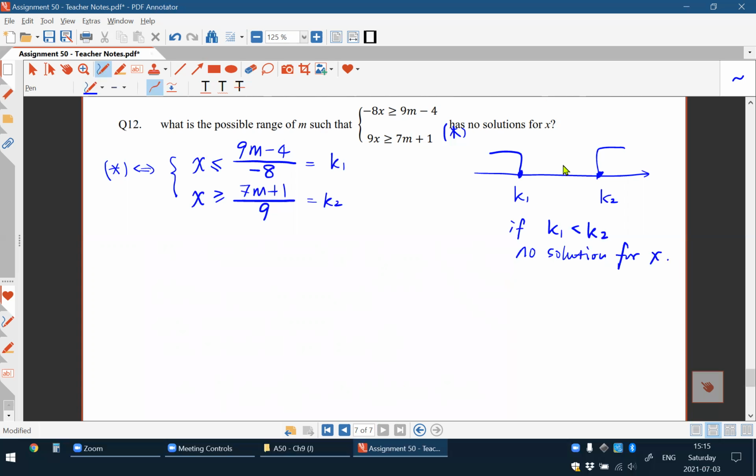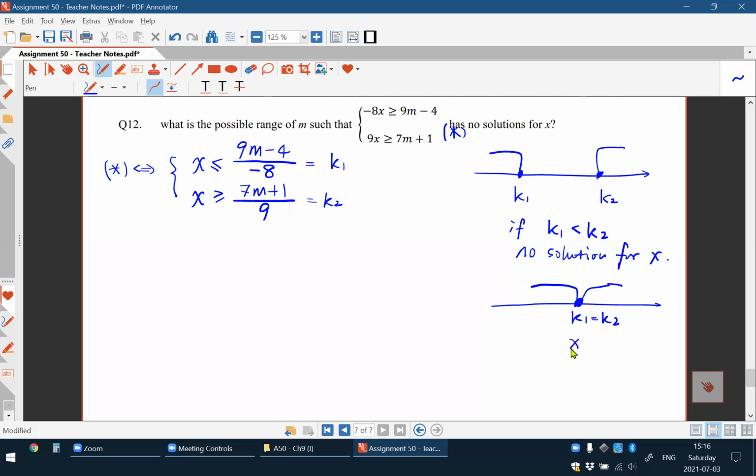Okay, one of the questions is, can K1 be equal to K2? So what could happen if K1 equals K2? If K1 equals K2, so K1 and K2 is here, right? So under this circumstance, the original system says x is smaller than or equal to K1 and greater than or equal to K2.